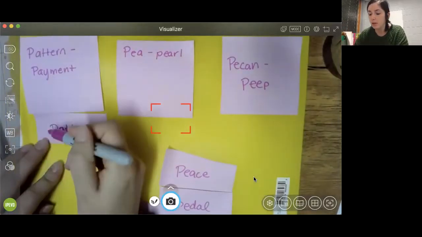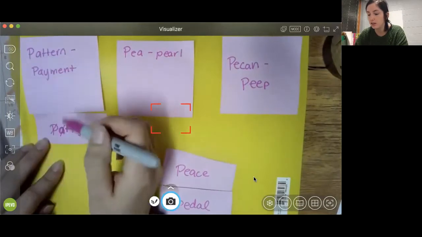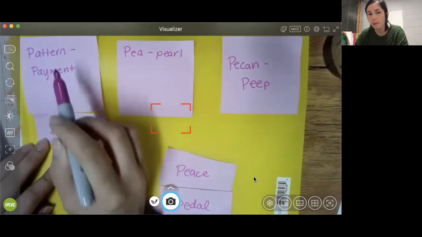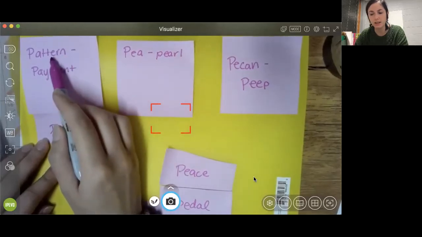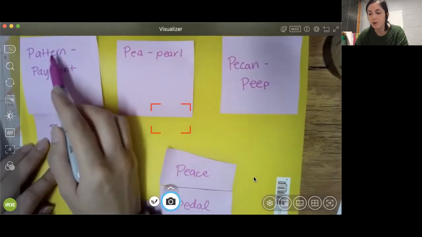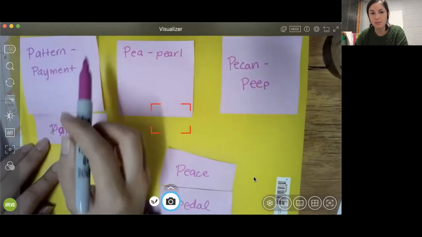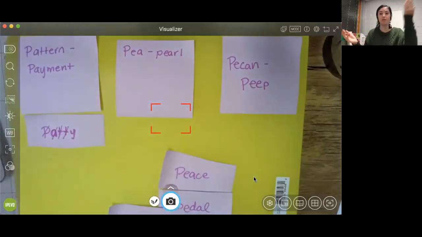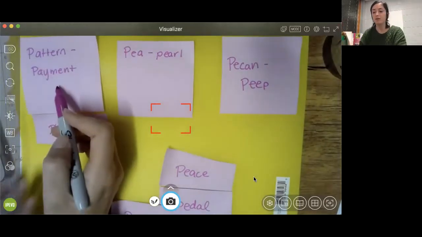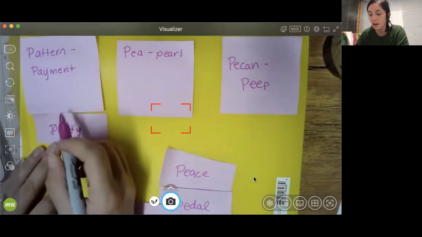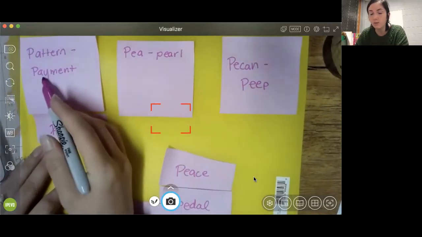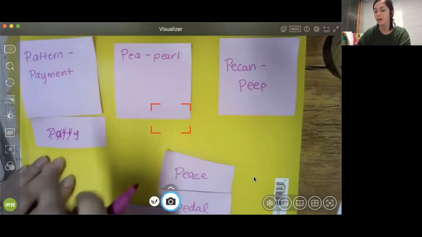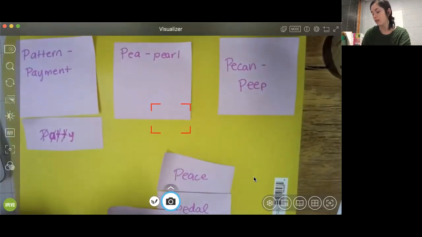So let's see, we have P, A, T, T, and then Y. Well, this is an E. So we know it would probably come after pattern, but we have to make sure it becomes before payment because that would be the first and the last word on that page. So we have P, A, okay, T, and Y. So if we're looking at T and Y, I know that T comes before Y. So Patty can stay here.